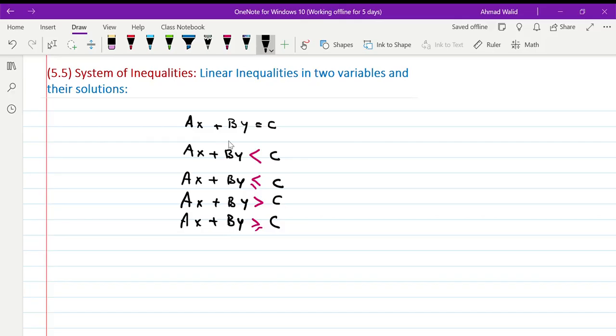These four forms we covered before, we call them linear inequalities.